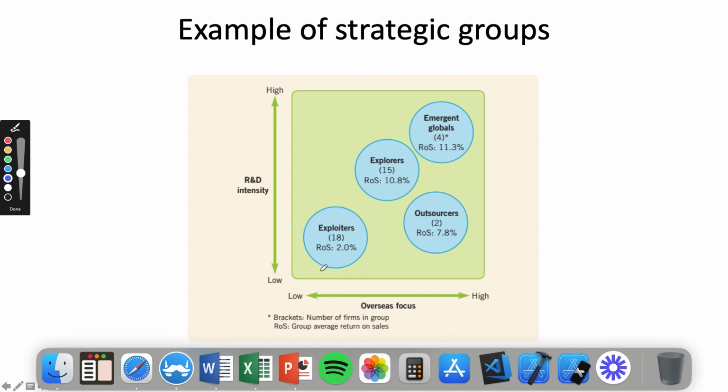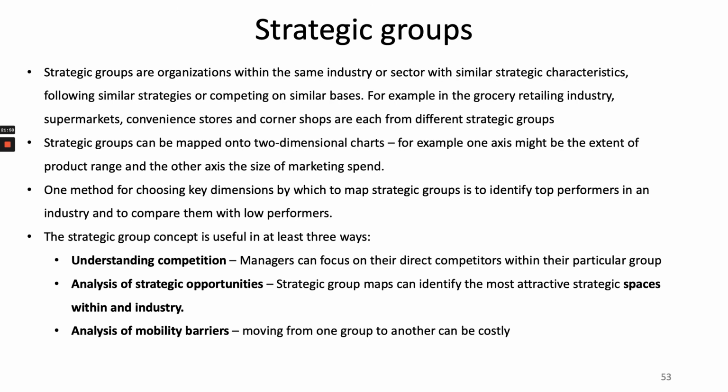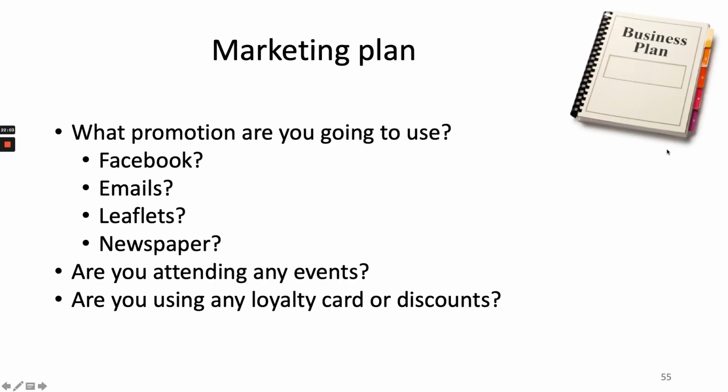So this type of company can be in the group of exploiters and so on. Those strategic groups help you to understand competition, analyze strategic opportunities and mobility barriers. If you, for example, want to change from exploiters to emerging globals, how can you do that?